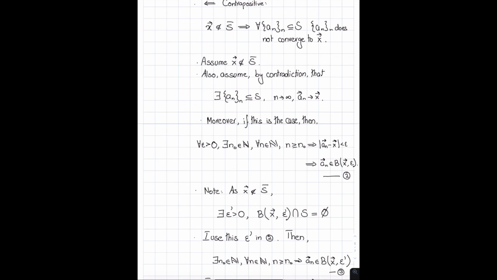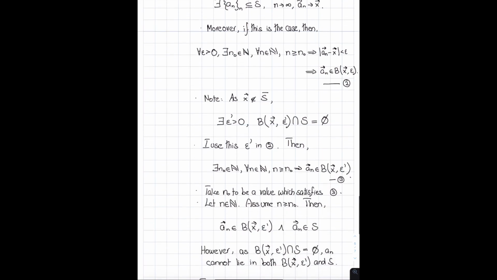infinitely many, that lied in the ball centered at vector x with radius epsilon. But since for a particular epsilon, we know that the ball centered at vector x comma epsilon is actually not a subset of S, there have to exist infinitely many a of n's such that all of them have to lie in the ball centered at vector x comma epsilon, and they also have to lie in the set S. But since the intersection of S and the ball centered at vector x comma epsilon is empty, we know that it is not possible for such a of n's to exist.